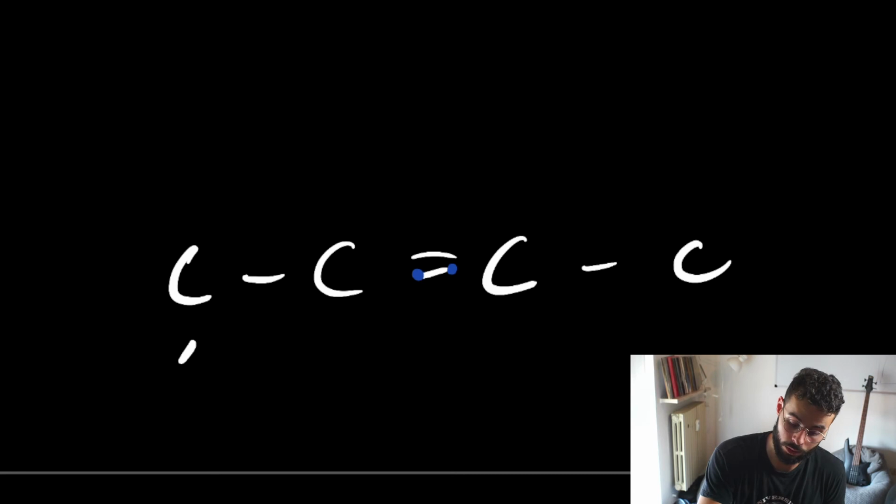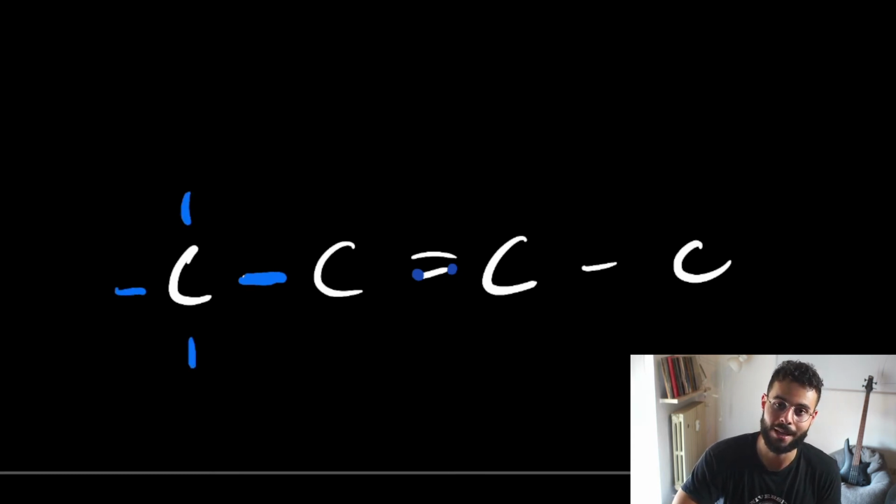So this carbon is a regular carbon. There is a single covalent bond, and it means that we have 1, 2, 3 extra possible bonding that we can connect. This carbon already has 1, 2, 3 bonds. It means we can only have 1 extra hydrogen.